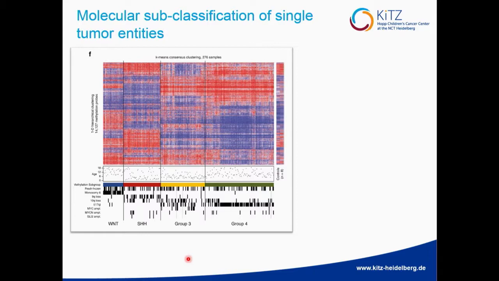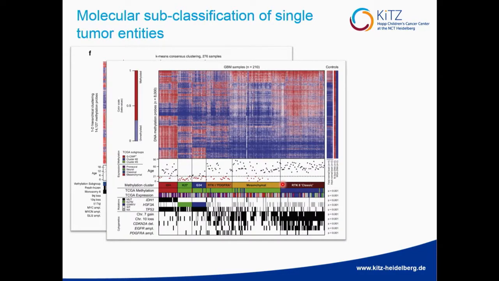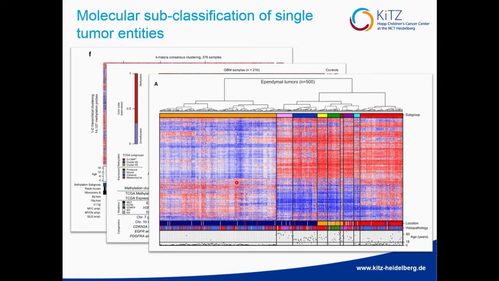So when we started all of this, the first thing we did was basically looking into one particular tumor entity and see whether we find meaningful subgroups, such as in this case, medulloblastoma, where we find the 4 different subgroups. Then we looked into high-grade gliomas, where we consistently find the subgroups that are very similar to what is being reported by TCGA, or in ependymoma, where we also find very distinct molecular subgroups.